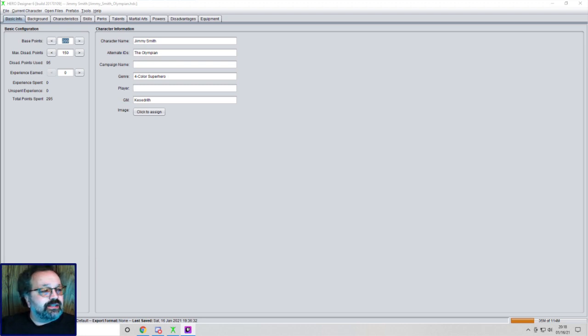In this case, the power itself is pretty self-explanatory. The character has more than one form. This is for characters such as Shazam, where you have a 10-year-old normal form, and then the mighty superhero as a second form.